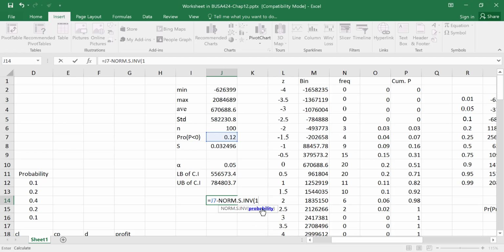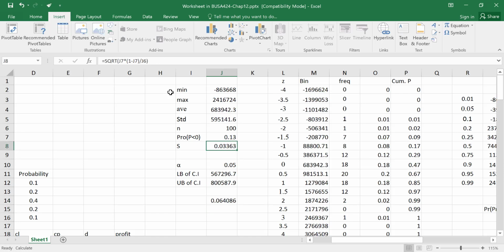Here you put a probability and then you get some value, which is most of the time somewhere around 1.6 or 1.9, depending on the value of alpha divided by 2, and multiply by the square root of what we already calculated here, so we just put this value. This value is the square root of p bar times 1 minus p bar divided by n. So this is the lower bound.